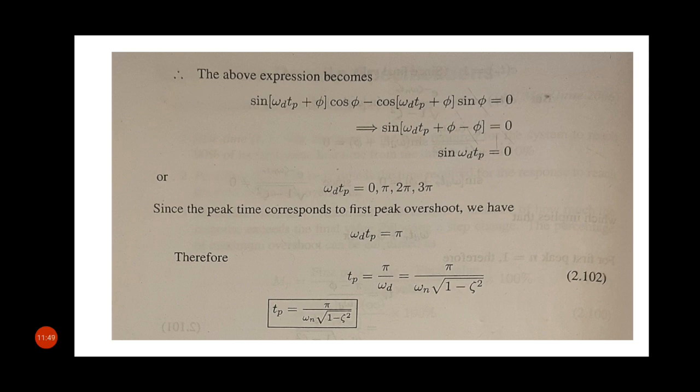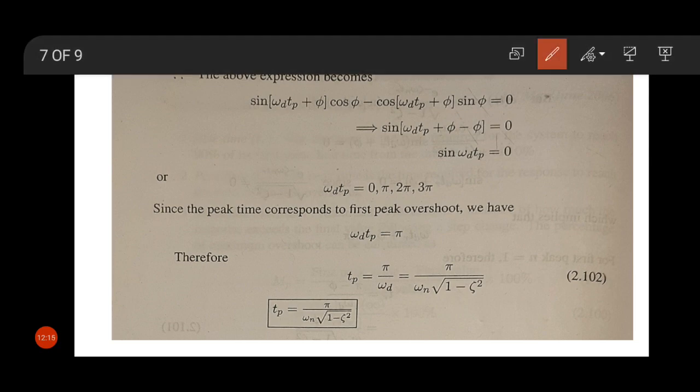Since the peak time corresponds to the first peak overshoot, we have omega d Tp equal to pi. Therefore Tp equal to pi by omega d. Now we put the value of omega d, which is nothing but omega n root under 1 minus zeta square. So our peak time Tp is equal to pi divided by omega n root under 1 minus zeta square. So this is our peak time.